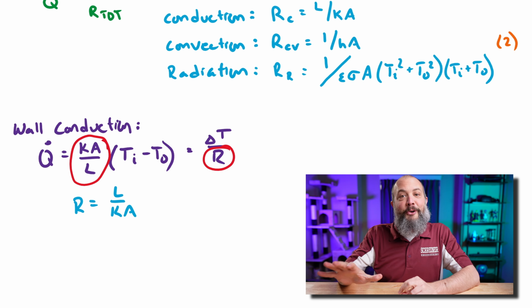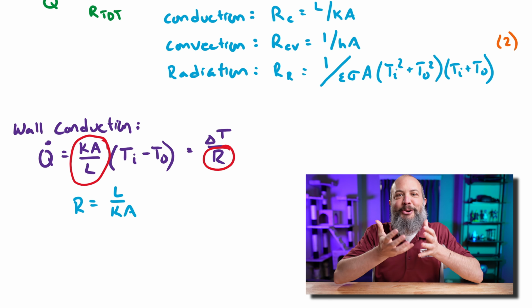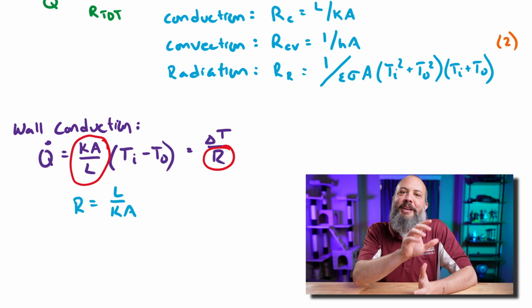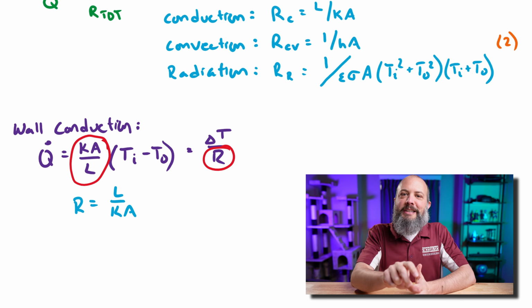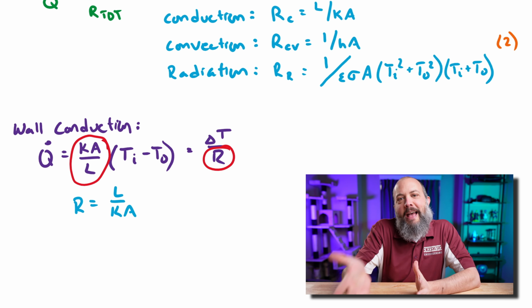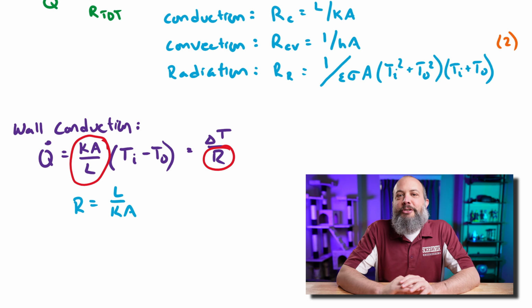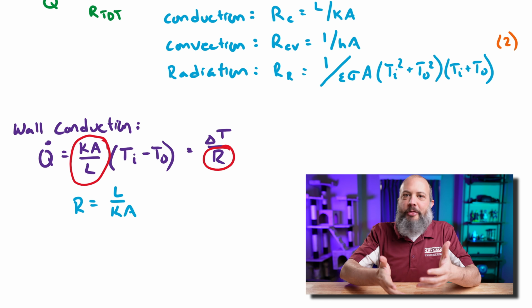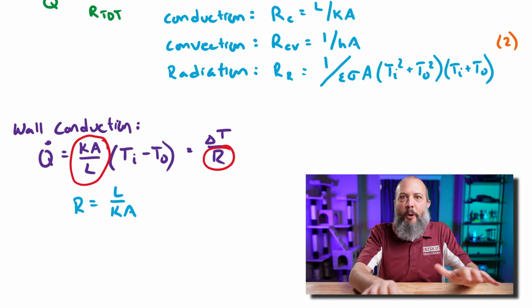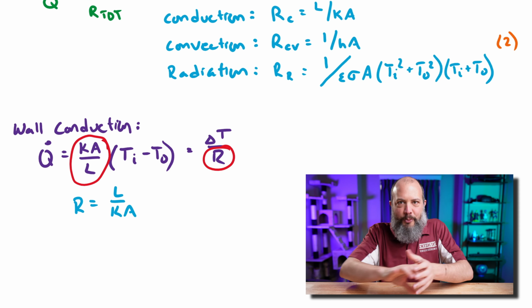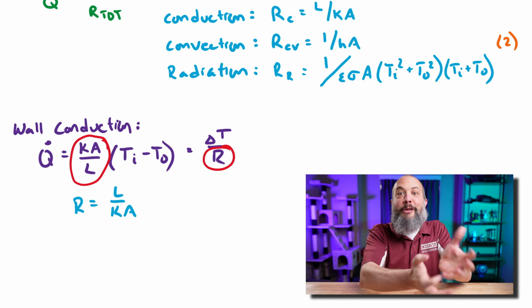So if 1 over R is everything else in your equation, then we can see that for conduction through a plane wall, R is equal to L divided by KA. That's where this term comes from. So you don't necessarily actually have to look up thermal resistances. If you have your equation for Q, you can actually just grab thermal resistance as everything else.